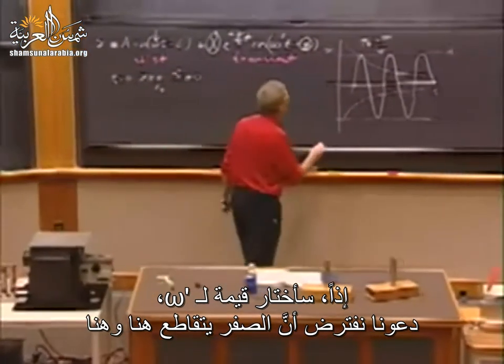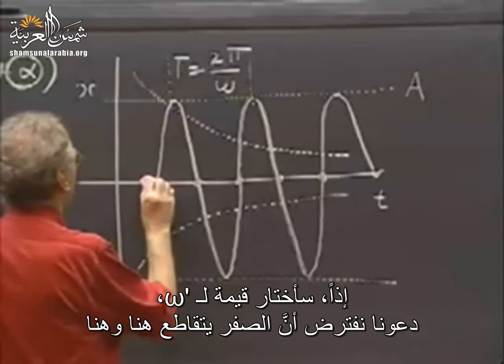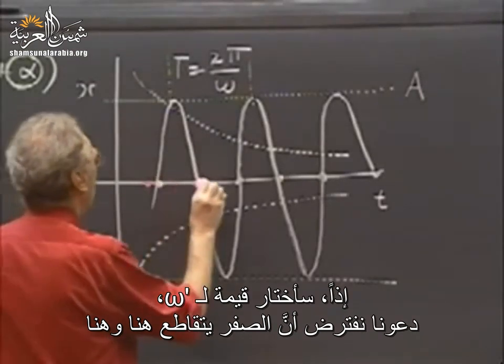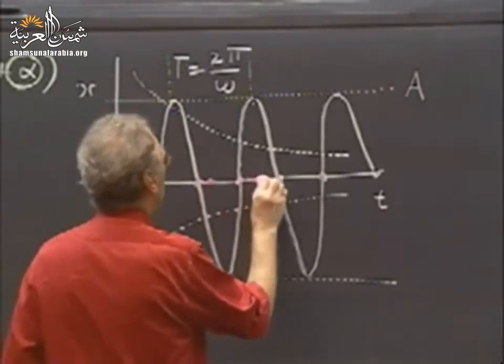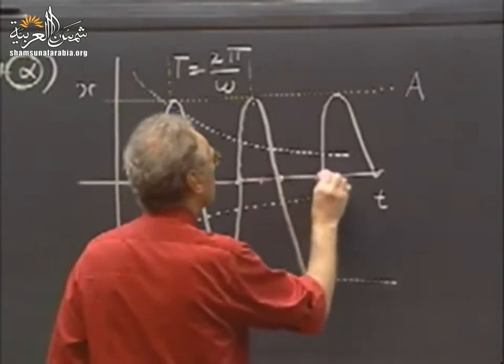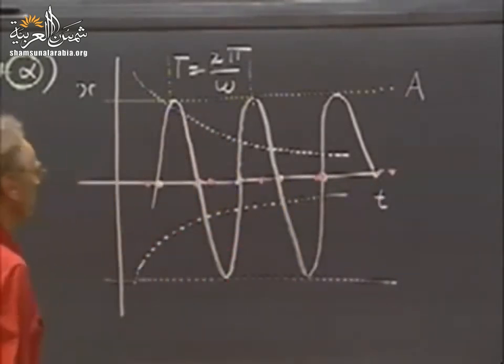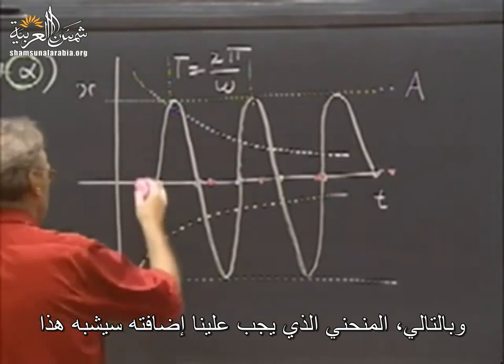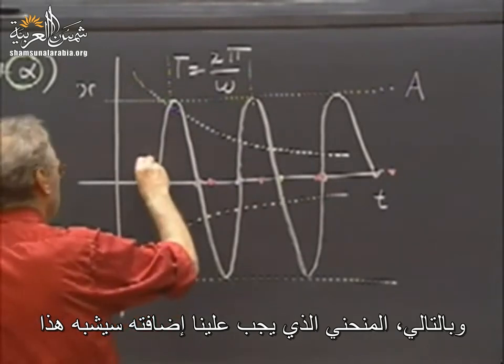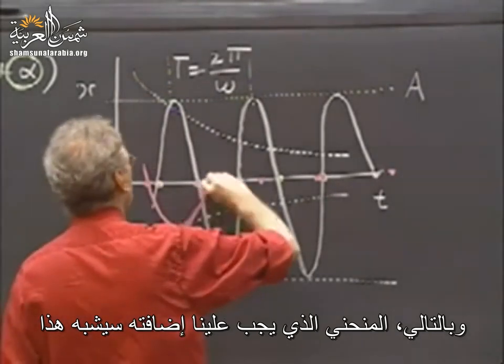And let's suppose that the zero crossings are here, and here, and here, and here, and here. And so, for instance, the curve then that has to be added could be something like this.